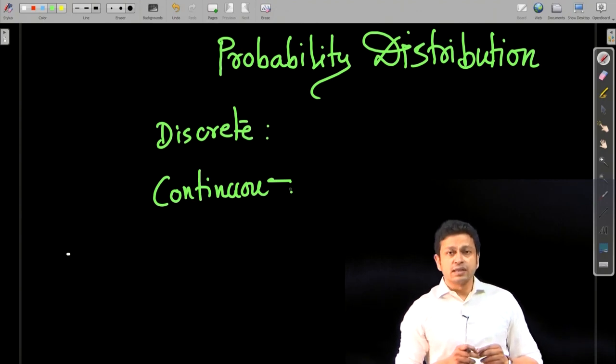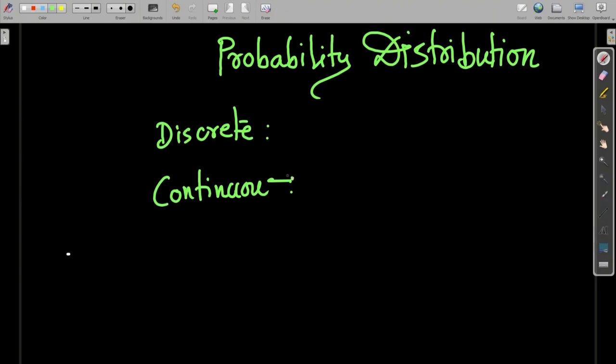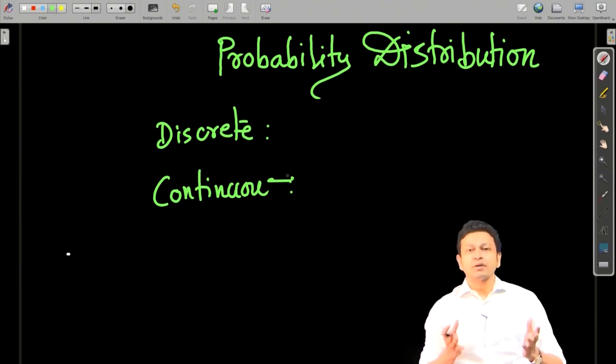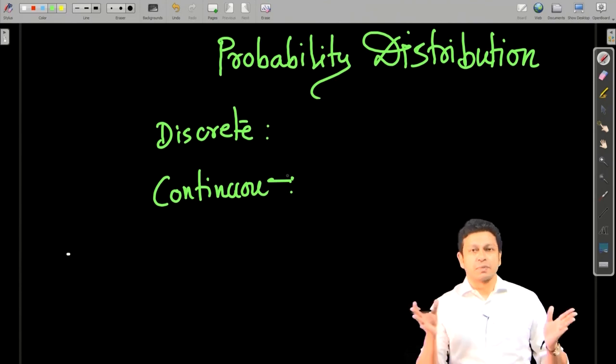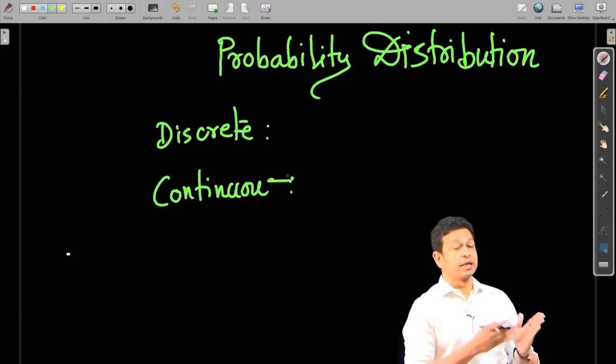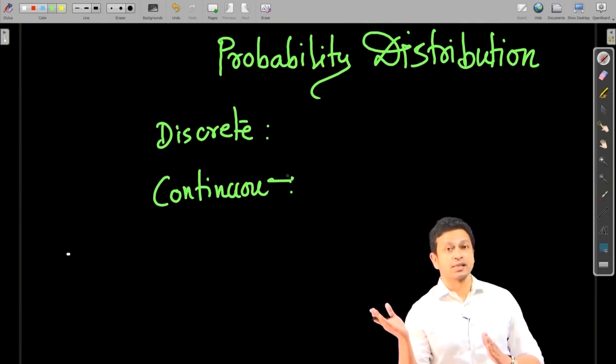Whereas for a continuous random variable, we can basically have a continuum of values of the variable. We cannot really specify a probability for a particular value, and I'll just explain that. So let's say I'm talking about temperature. The temperature in Kharagpur could be anything between 10 degrees Celsius to 40 degrees Celsius.